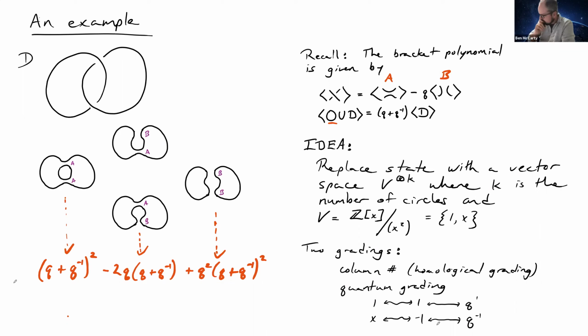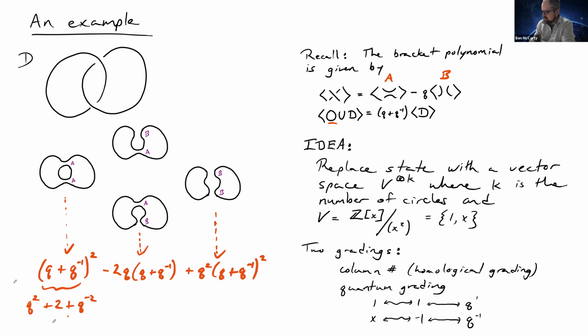And so the relationship between this polynomial and this vector space is such that, if I was to look at just the contribution to the polynomial from this first state, in this first term, I've got a Q squared + 2 + a Q to the -2.